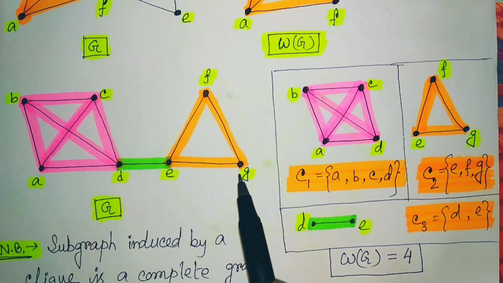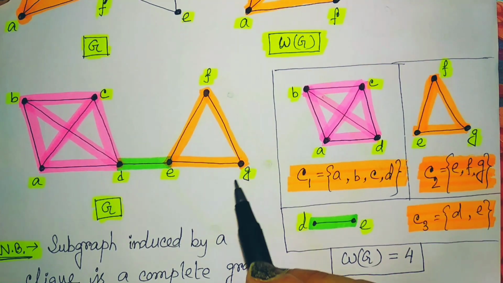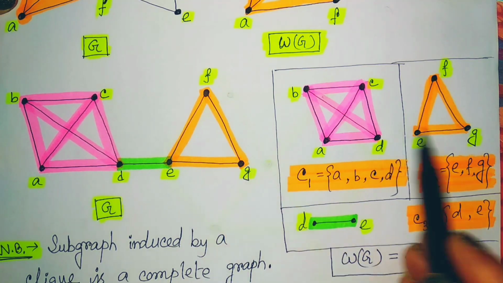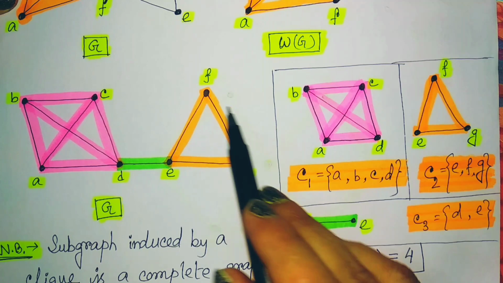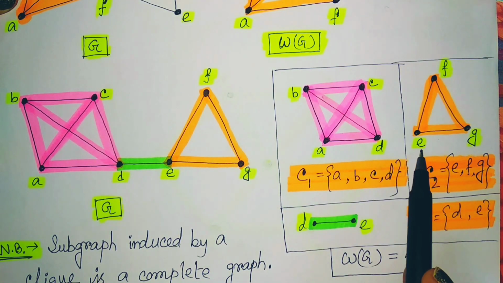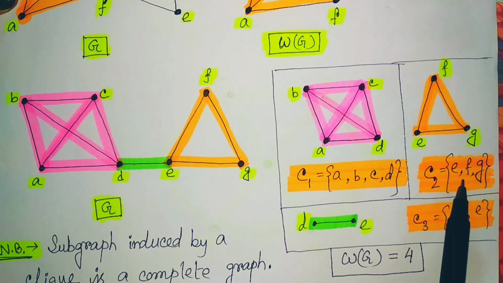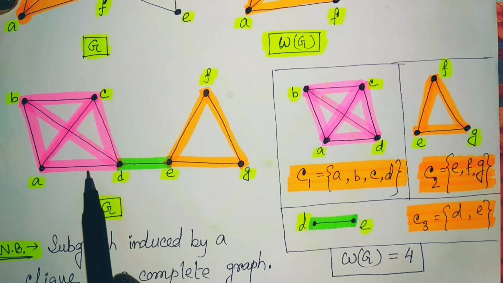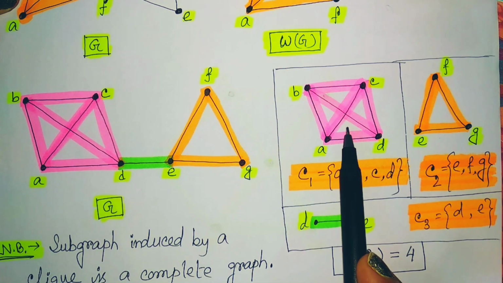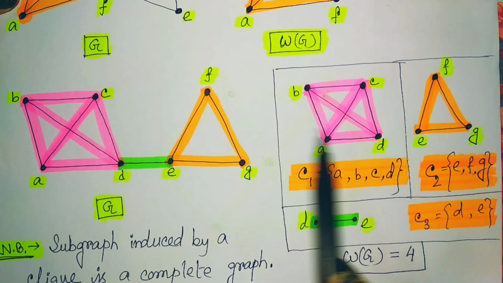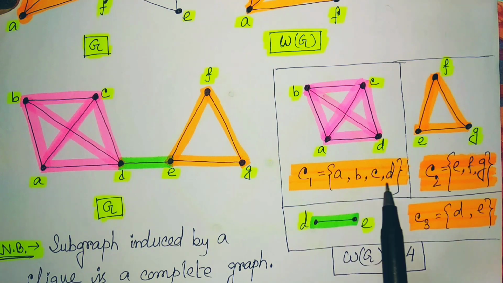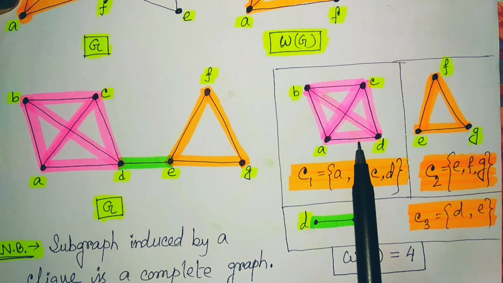In this example, if we consider this triangle, then it is a complete subgraph, so it is a clique, and it contains the vertices E, G and F. Likewise, this is another clique because it is also a complete subgraph, and it is denoted by A, B, C, D. These are the vertices included in this clique.